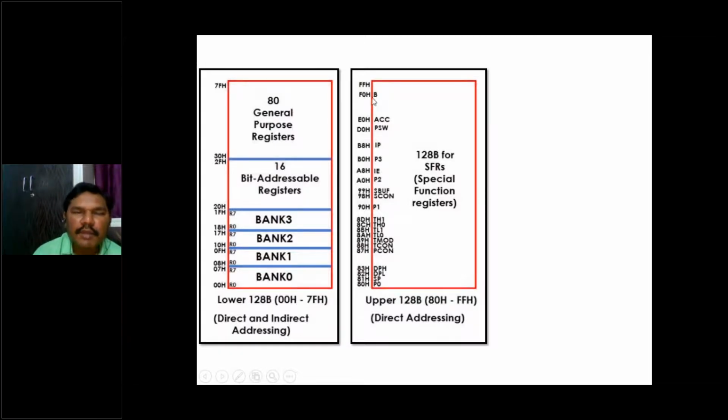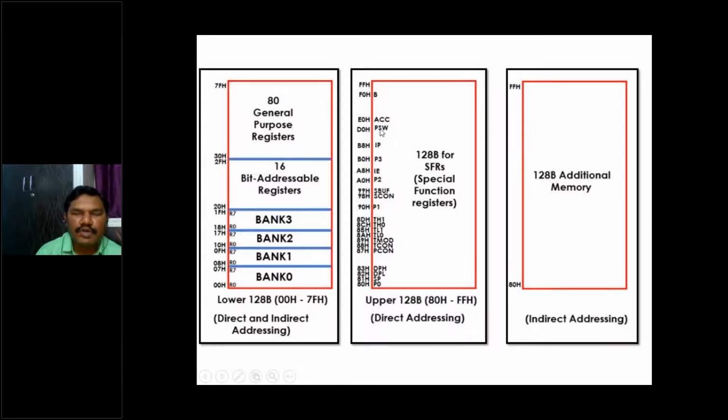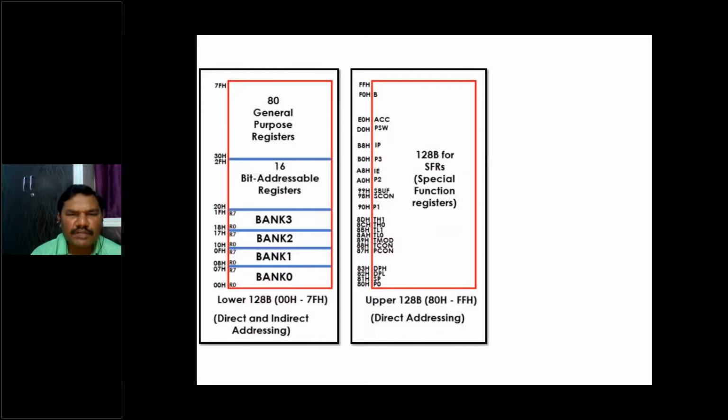You see here B register, accumulator, program status word, stack pointer, port 3, interrupt priority, interrupt enable, port 2, SBUF, SCON, port 1.